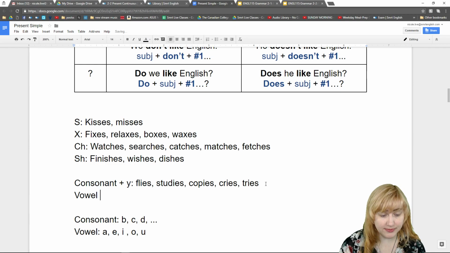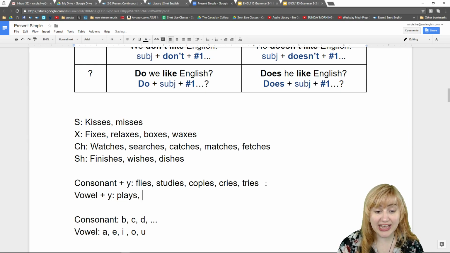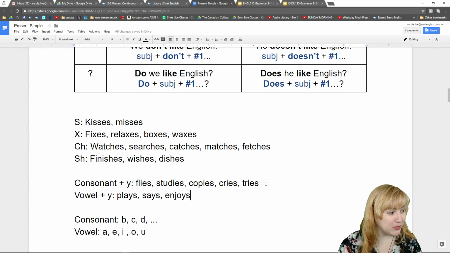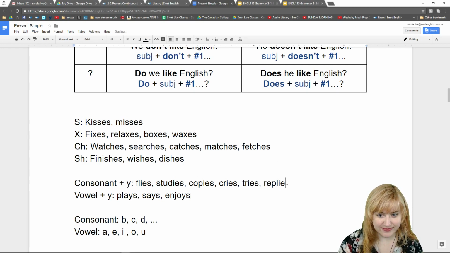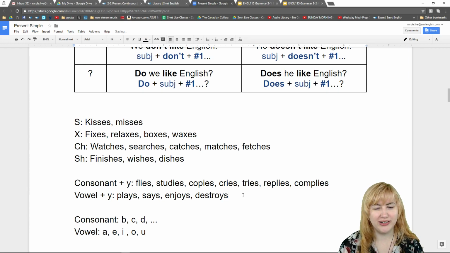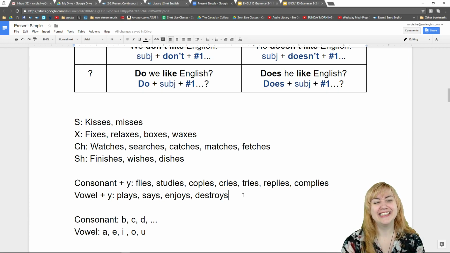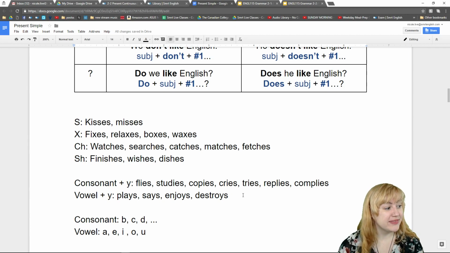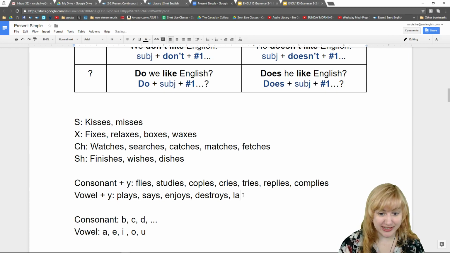If you have a vowel plus Y with words like plays or says or enjoys, can you think of any more? Oop, I had a couple more for the last one. We have replies for consonant plus Y. Oh, complies is another good one. Very nice. I'm going to put destroys. Kind of a negative word, but. So good, good. We have lays. Very nice. Good job, Rosa.